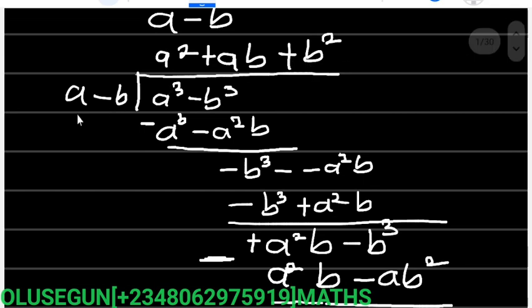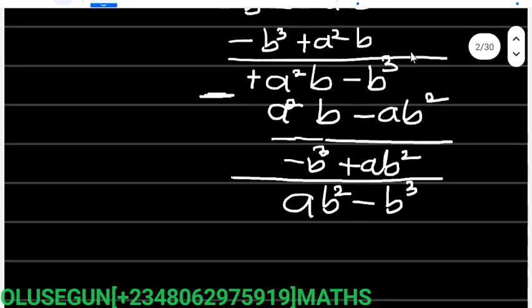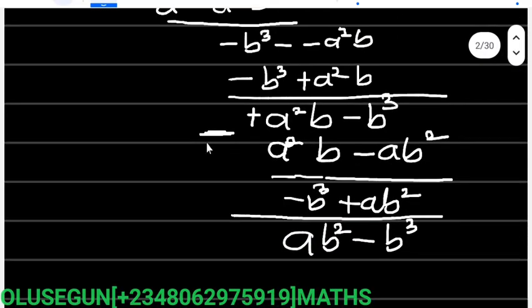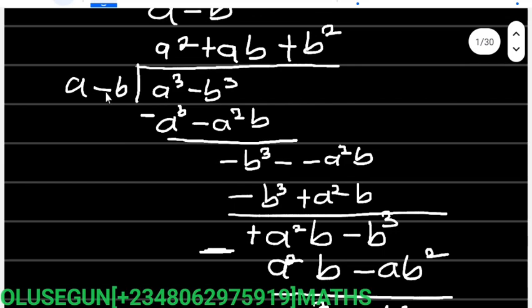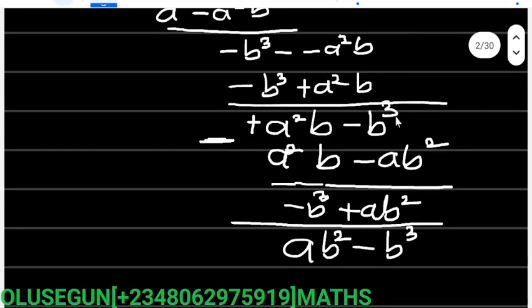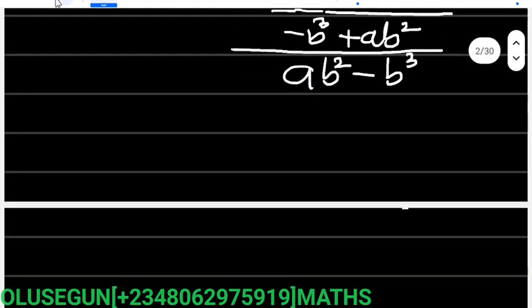So now, let's use a to multiply plus b square again. So by the time you use a to multiply this, it will give us the same value again, which is ab square, because we use a to multiply b square.